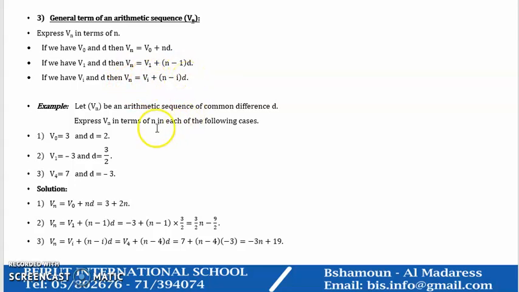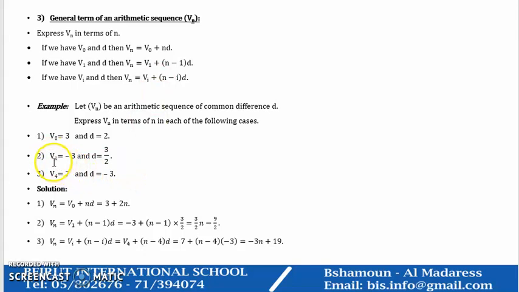As an example, let vn be an arithmetic sequence of common difference d. They ask us to express vn in terms of n in each of the following cases. In the first part of the example, v0 equal 3 and d equal 2. Here I have the first term v0, so I can use the first formula to represent the general term.